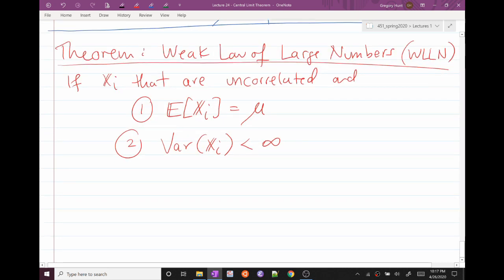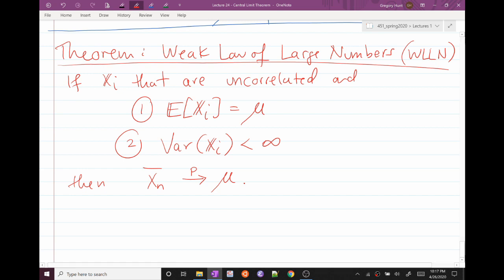In this case, the weak law of large numbers says x n bar, which is a sequence of random variables, converges in probability to mu. You can collect more data and have a larger and larger n, so you have a sequence of random variables.